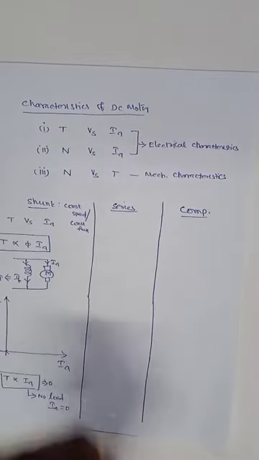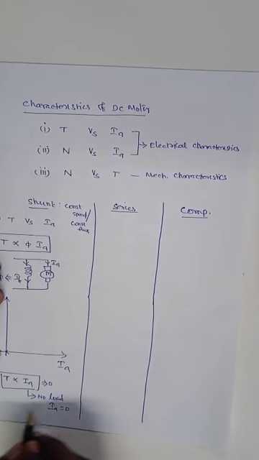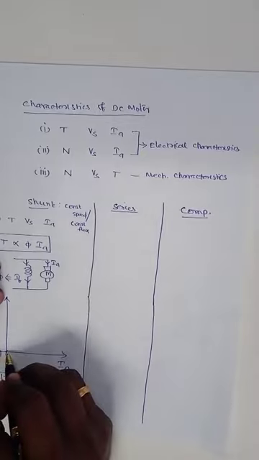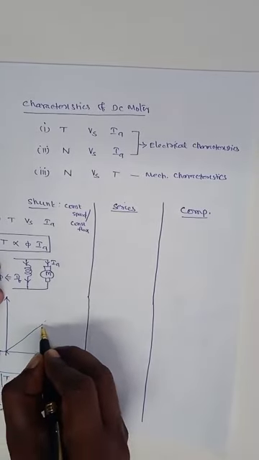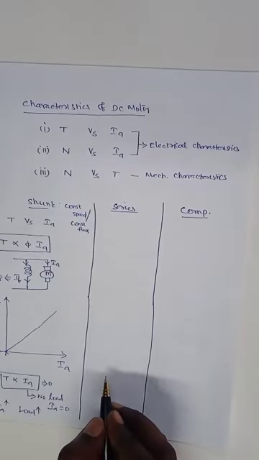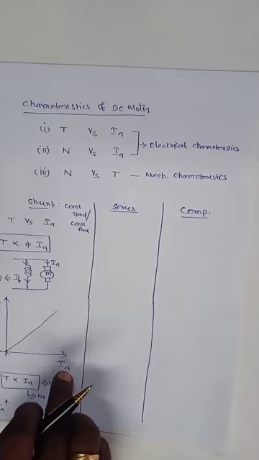So it will start from the origin. When we increase the load slowly, the Ia increases, so the torque increases linearly. This is the characteristic of the shunt motor for torque versus Ia.